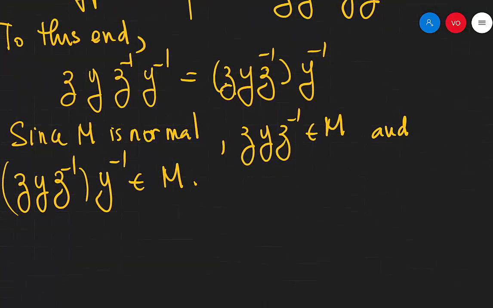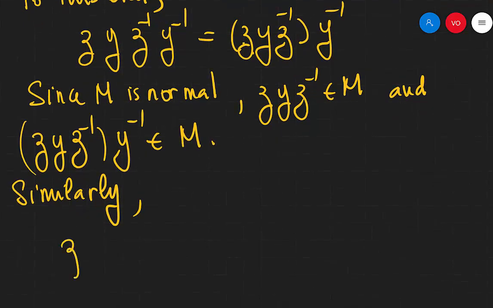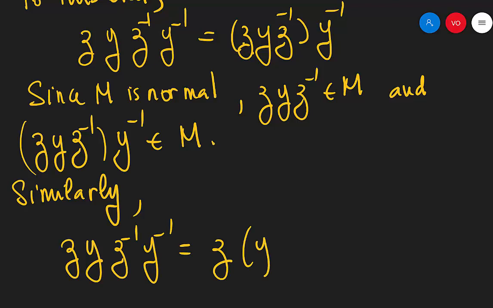Okay, now similarly, using associativity, notice that we can write z y z inverse y inverse as z times (y z inverse y inverse).